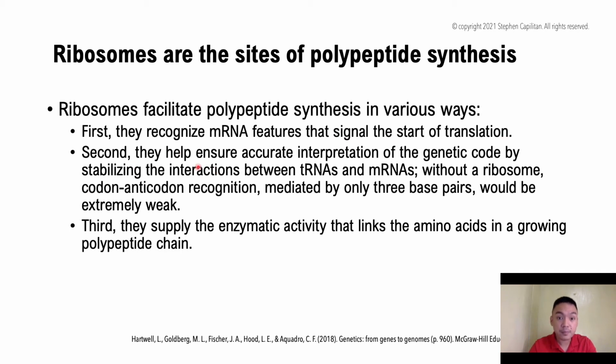Second, they help ensure accurate interpretation of the genetic code by stabilizing interactions between tRNAs and mRNAs. Without a ribosome, codon and anticodon recognition is mediated only by 3 base pairs and would be extremely weak. Third, they supply enzymatic activity that links the amino acids in a growing polypeptide chain.